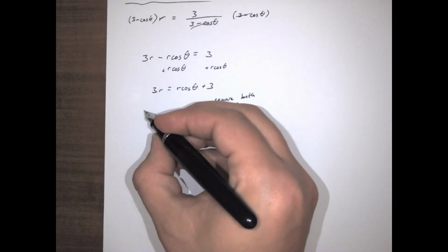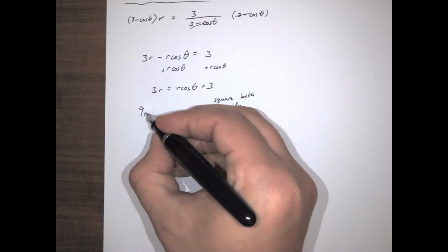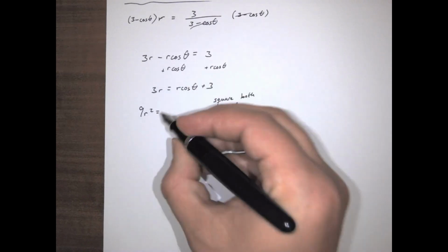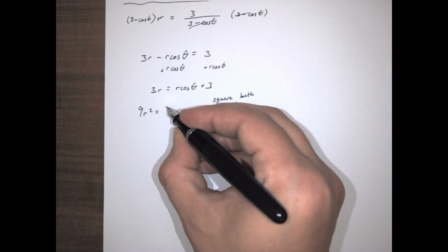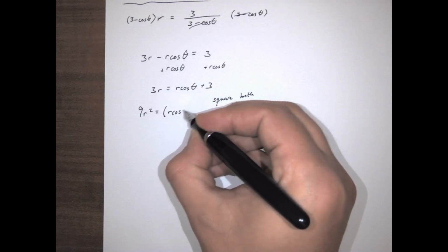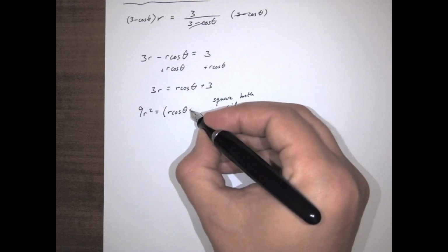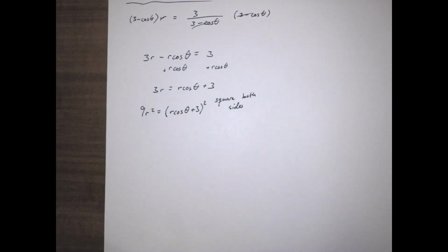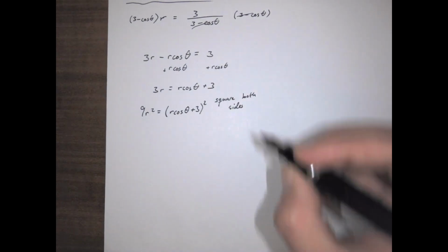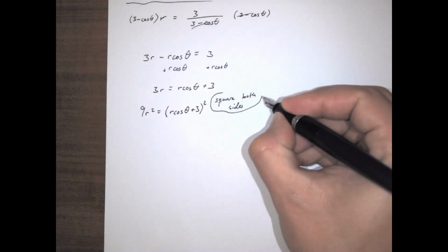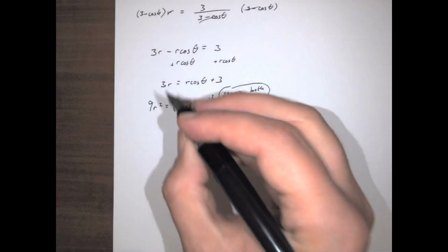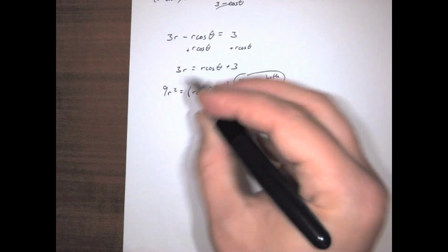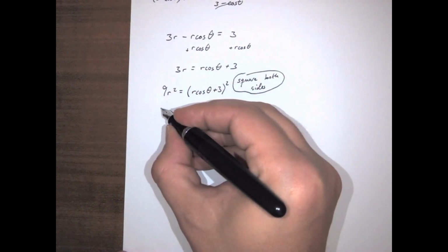And so that means that we're going to have 9r squared equals r cosine theta plus 3 squared. Now, everything that I'm looking at this point is pretty convenient for converting to rectangular coordinates, so I will now go ahead and do that.